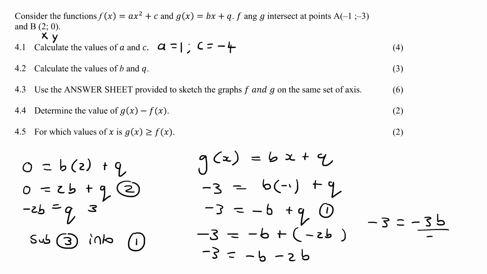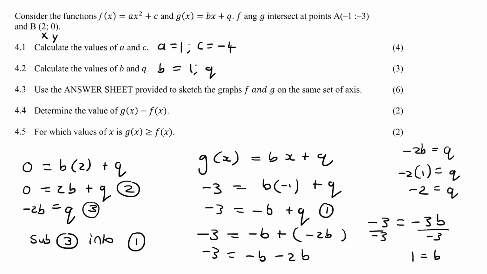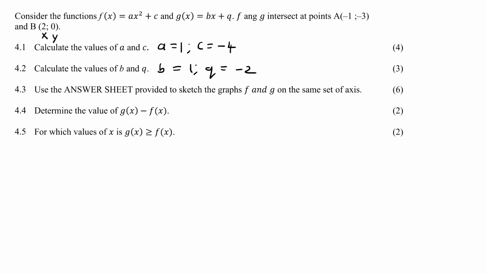And then to get b alone, you divide by minus 3, and what you do on the one side, you do on the other side. So b is 1. To find q, I then come back here, because it tells me over there that q is minus 2b. So q is minus 2 times the b value, which is now 1. And so q is minus 2. So we found b as 1 and q as minus 2.